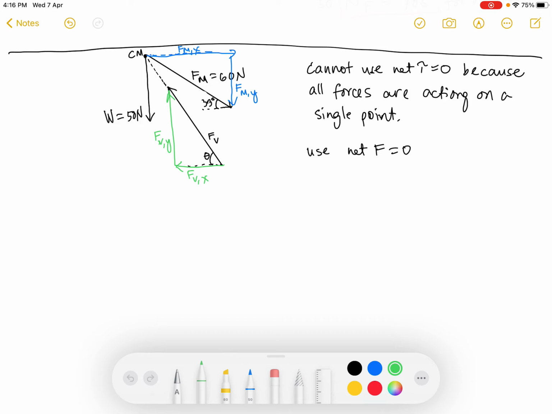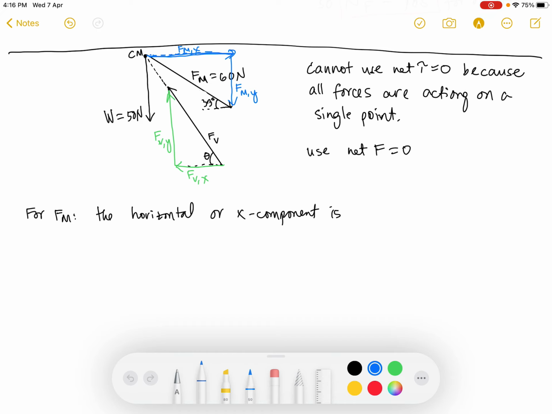Okay, so for Fm, the horizontal or x component, it will be this side here.